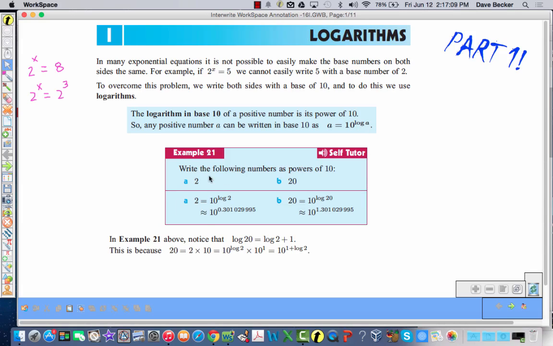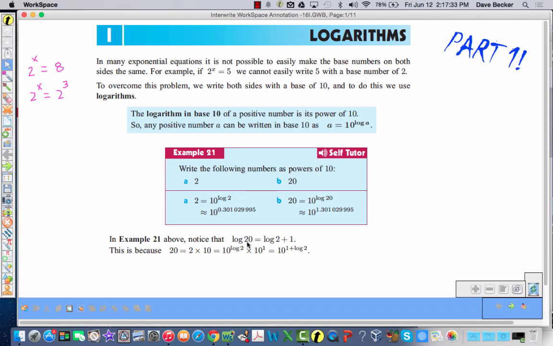So 2 we can rewrite as 10 to the log of 2. Okay? And 20 would be 10 to the log of 20. So take a look here. Okay? And I'm sorry, in example 21 at part B.